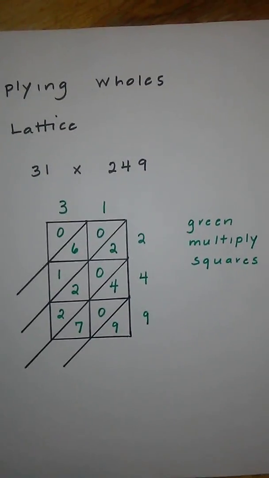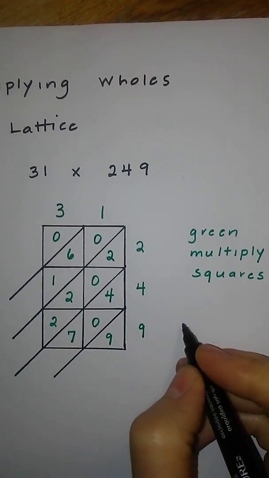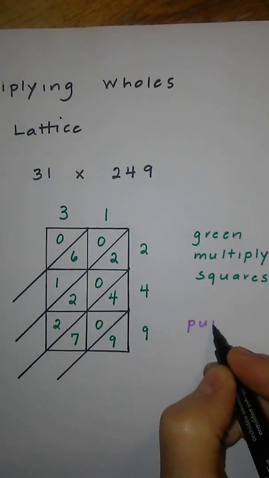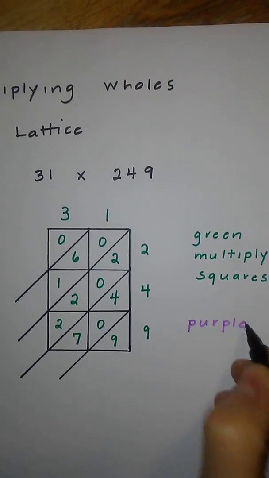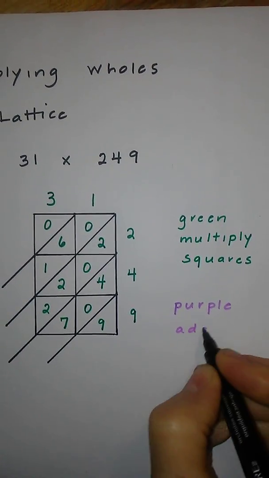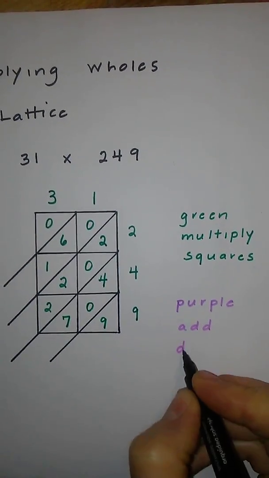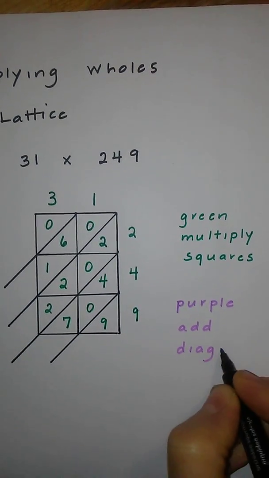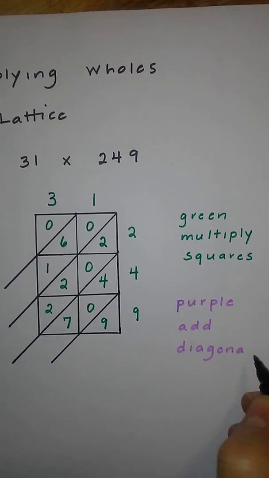Now I'm going to switch color because now I'm going to be working in purple. And my purple step is going to be adding. And that is what I'm going to do for the diagonals, this lattice that I drew.